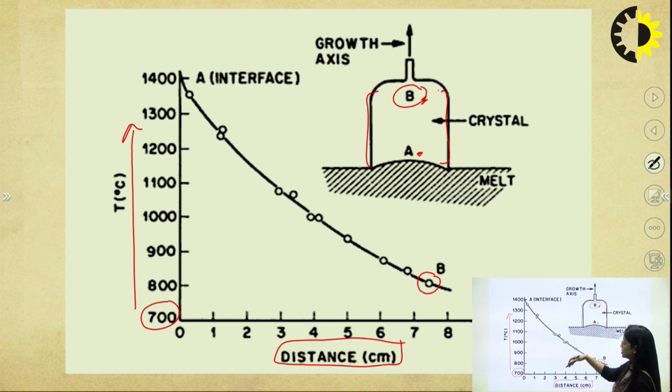As the temperature increases, we have an increase in the number of interfaces. So in between, let's say we have points x1, x2 and x3.